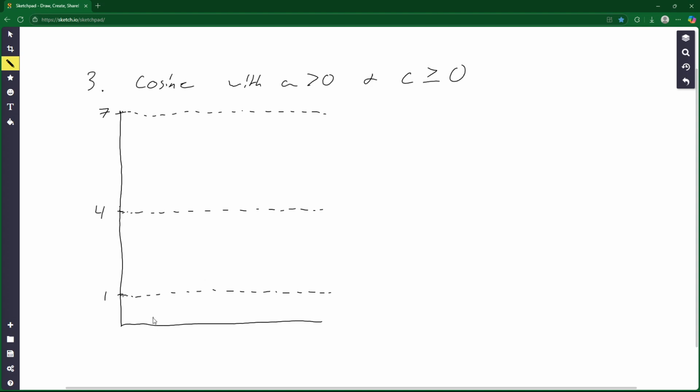So we're also given the points. Let's go ahead and put 4 pi right here. In the middle here is going to be 2 pi. Pi is right here, and 3 pi is right here.